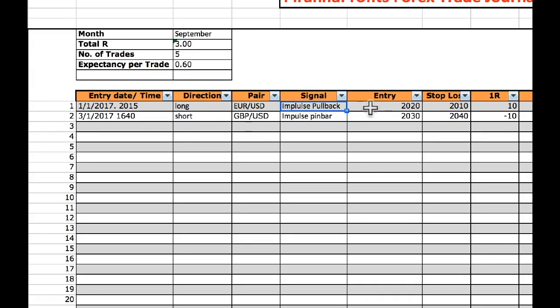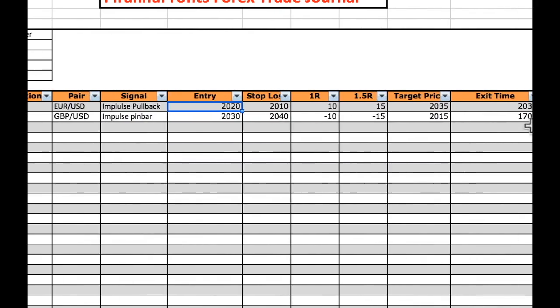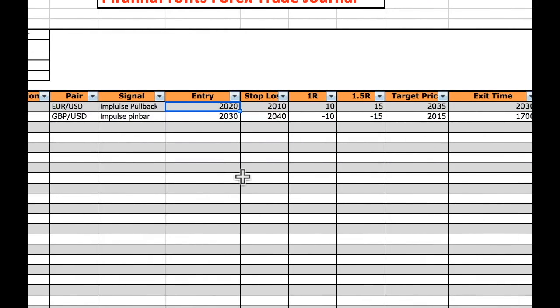Put in the entry price based on the last 4 decimal places for a non-yen pair. For a yen pair, you can put the last 2 decimal places, or 4 decimal places. When you key this in, ensure you key it in without the decimal points.